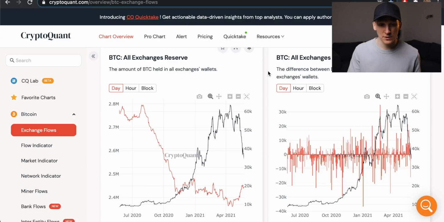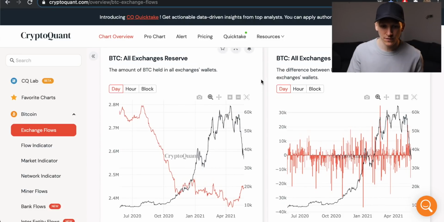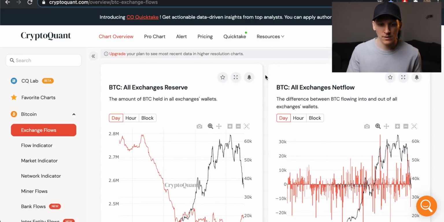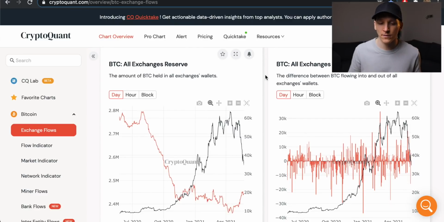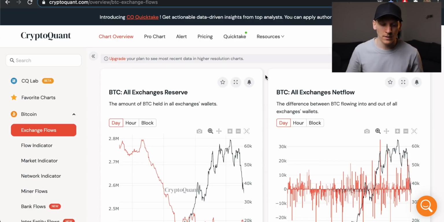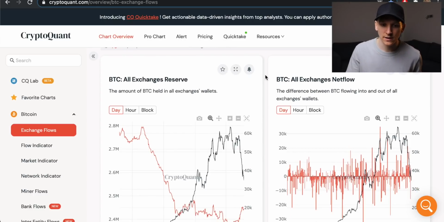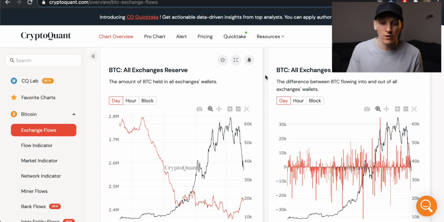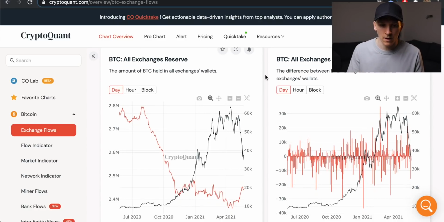The first bit of information we can look at is exchange reserves, and this means how much crypto is actually on all of the crypto exchanges. This is obviously very important because if people are withdrawing their assets from exchanges, it means they're really not wanting to trade them. And so if crypto is withdrawn and people aren't trading it, then potentially if there are buyers in the market, the price may get a lot of support because there are fewer sellers than people wanting to come in and buy.